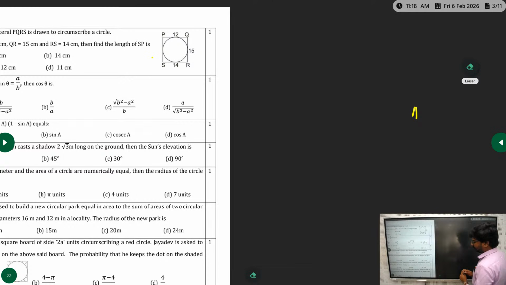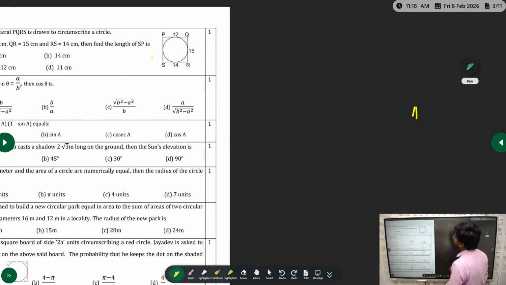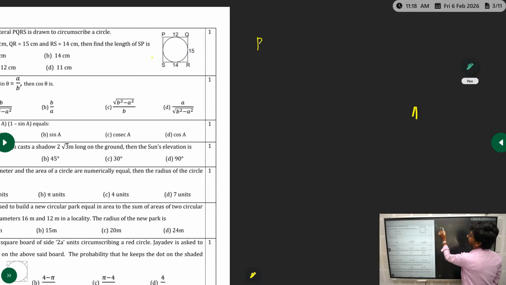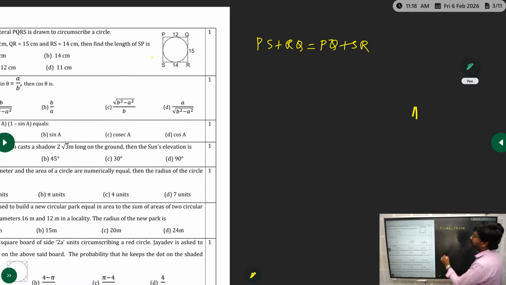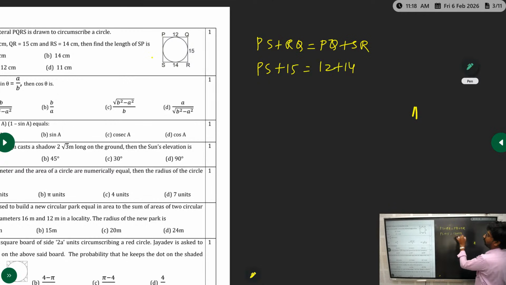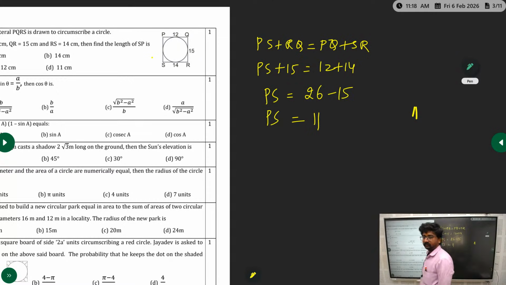So when the sums of opposite sides are equal, I say PS plus RQ is equal to PQ plus SR. PS plus 15 is equal to 12 plus 14. PS is equal to 26 minus 15, how much? 11. Then what is your answer? 11.